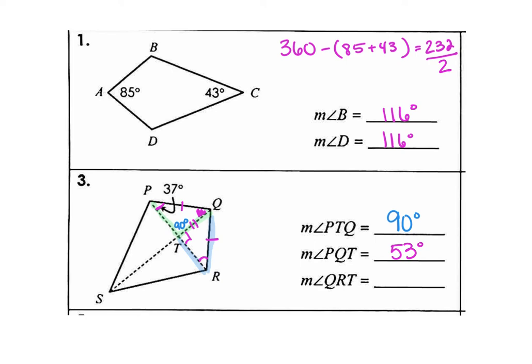So if those pieces are congruent, then QRT should also be 37 degrees. I know that QPS is congruent to QRS, so the pieces of those should also be congruent. We have a lot of properties thrown at us when we start getting these, because you basically create some congruent triangles with kites.